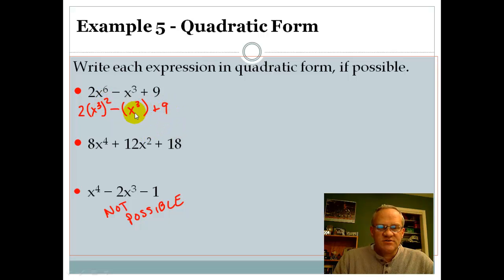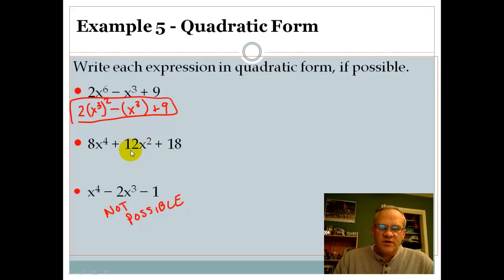You notice the x to the third is the same variable here and the same variable here, but this term is squared and that term is not. So this would be the correct form for it to be quadratic. I still have that 2 out front. I just said I'm going to make the variable x to the third so it can square here, because 3 times 2 is 6, and here you just have x to the third.